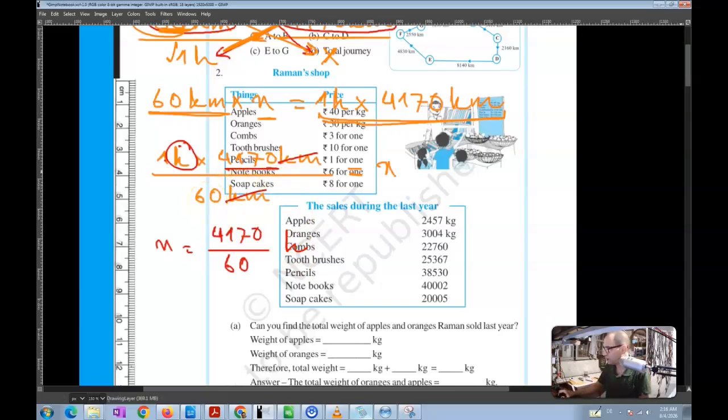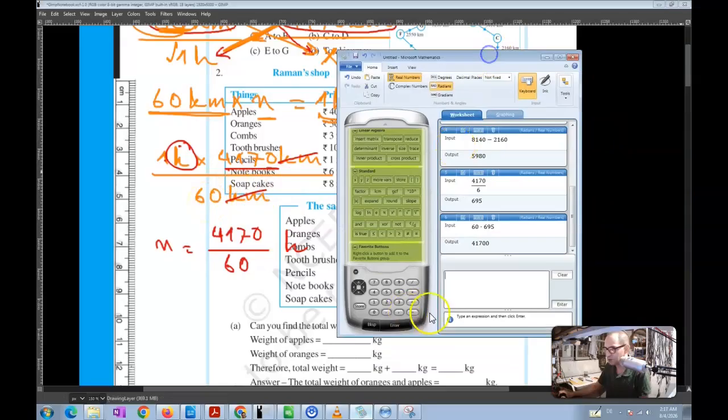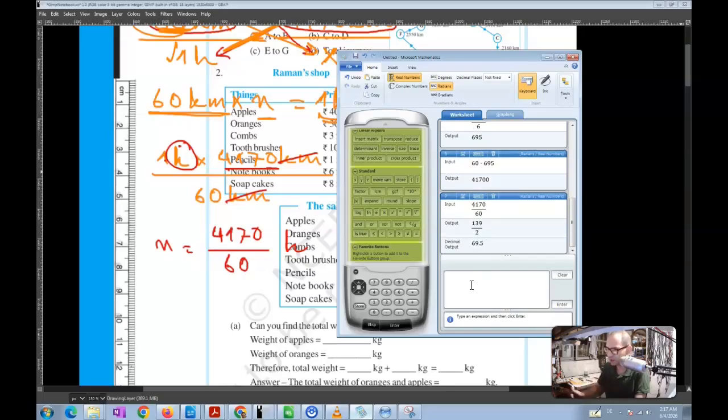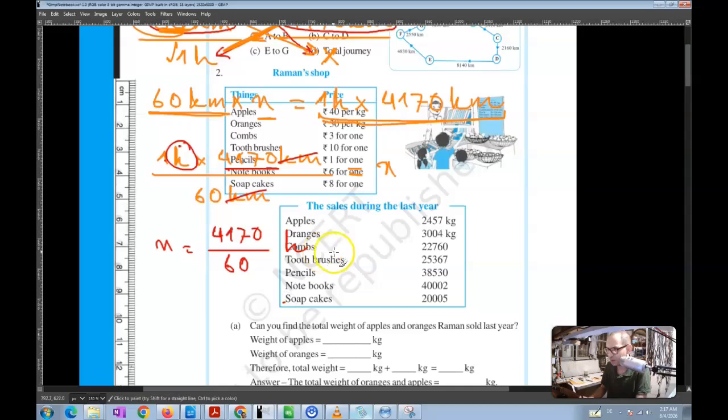So now if I do this calculation, 4170 divided by 60, I'll have 69.5 hours. Now again we will check whether the answer that we have gotten makes sense or not.